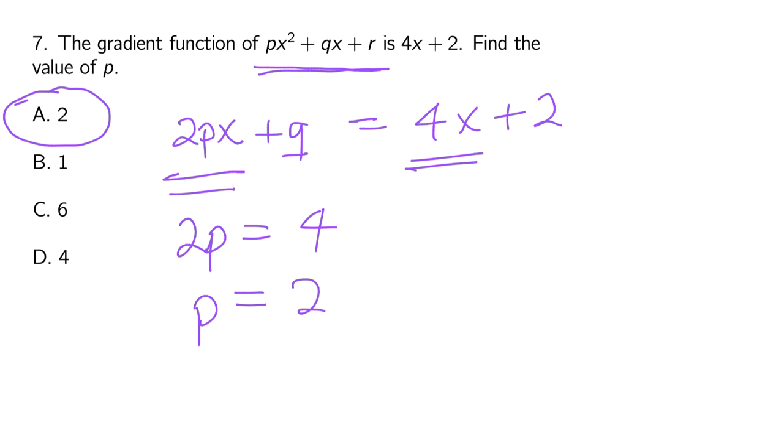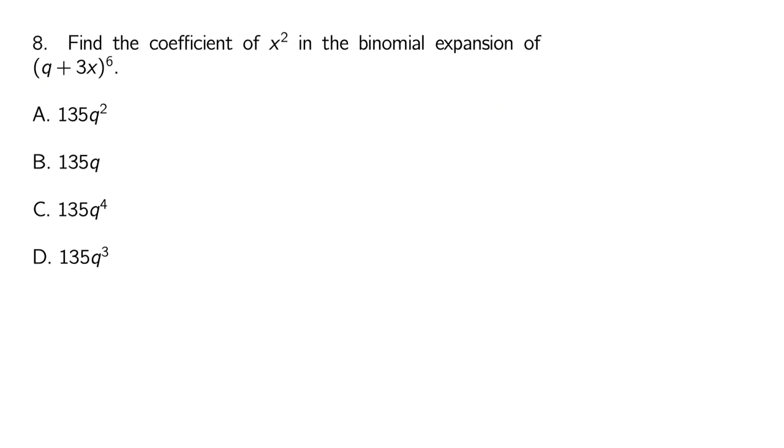So that's it. The next problem, question 8, says find the coefficient of x squared in the binomial expansion of q plus 3x all to the power 6. Now, what is the term that has x squared in it?